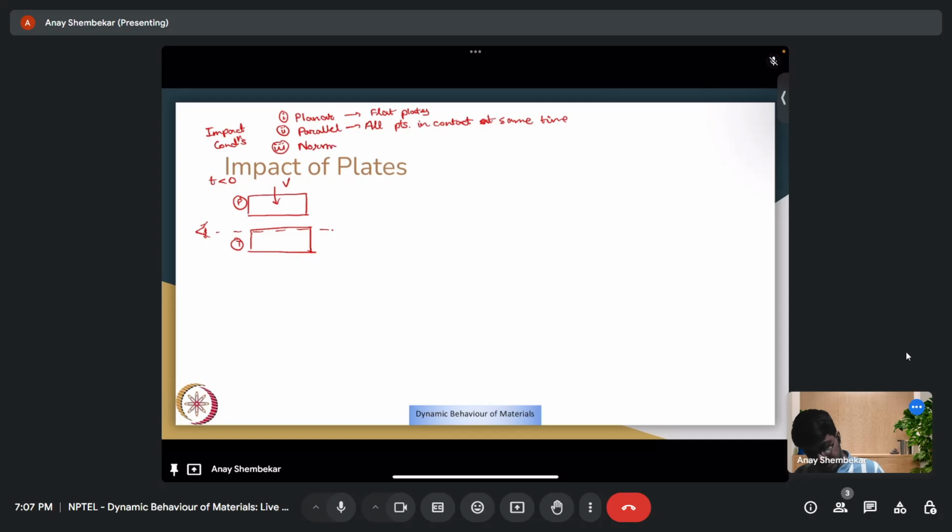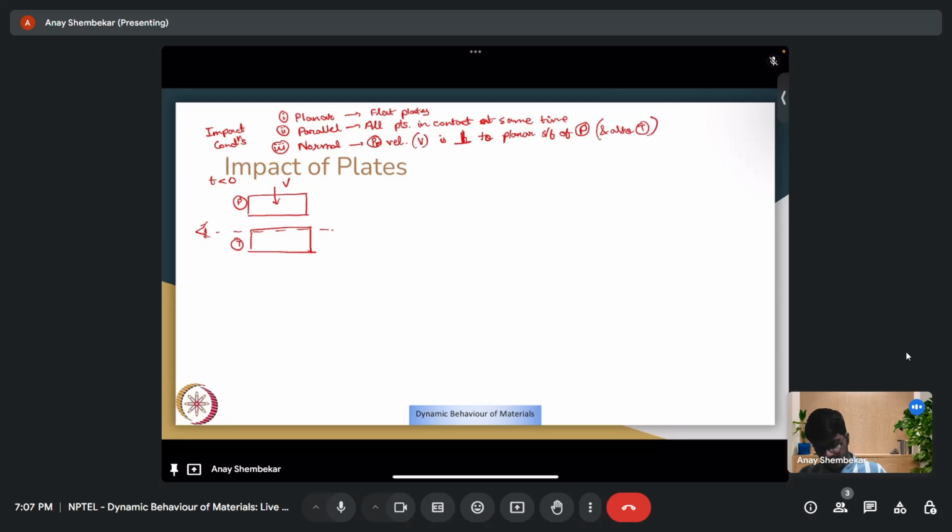This means that the projectile P velocity, which is V, is perpendicular to the planar surface of P. With the parallelity condition, it's also perpendicular to the target T.